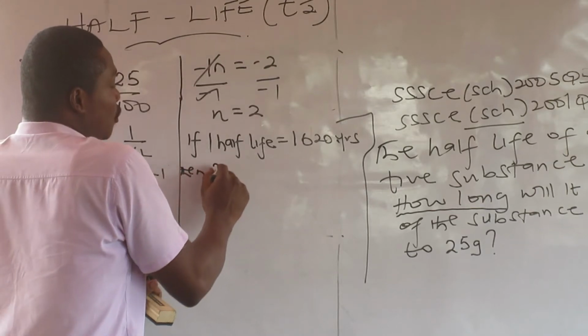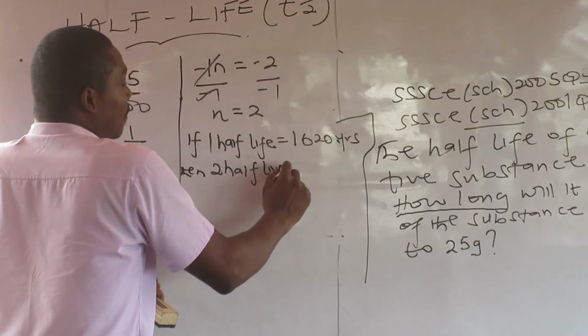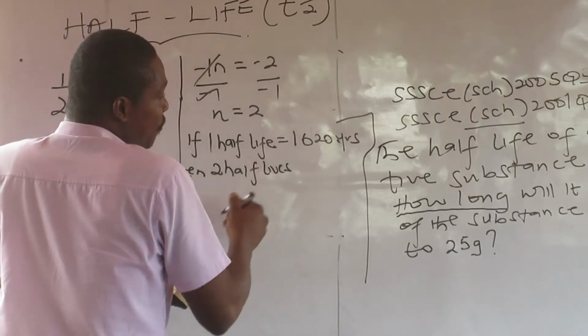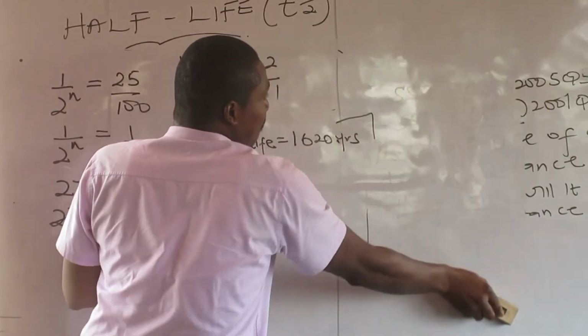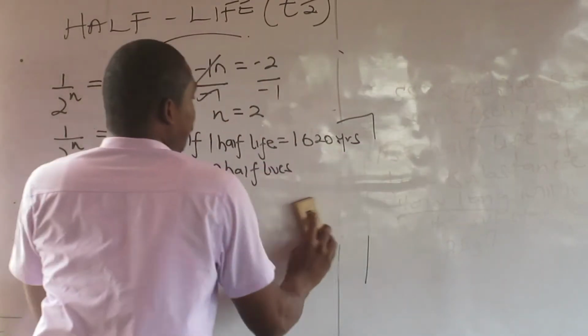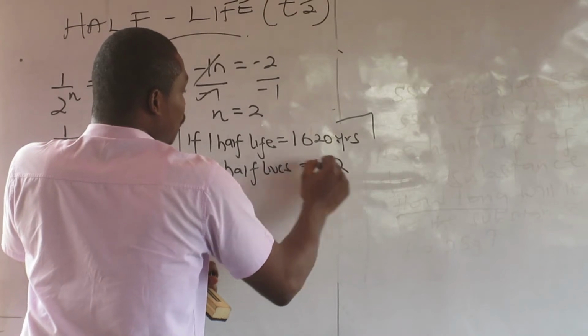Then 2 half-lives will give me, I need a space to write. So 2 half-lives, and clear this, we have them already. And 2 half-lives will give me 2.